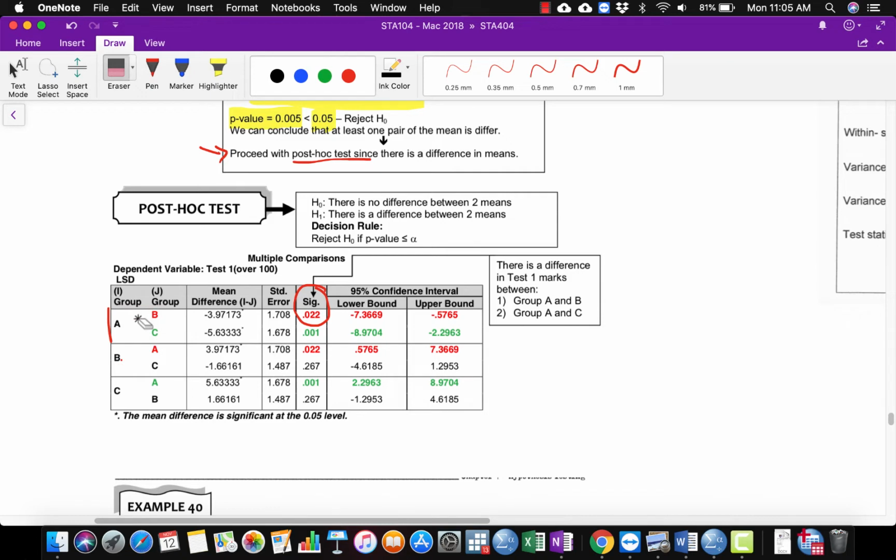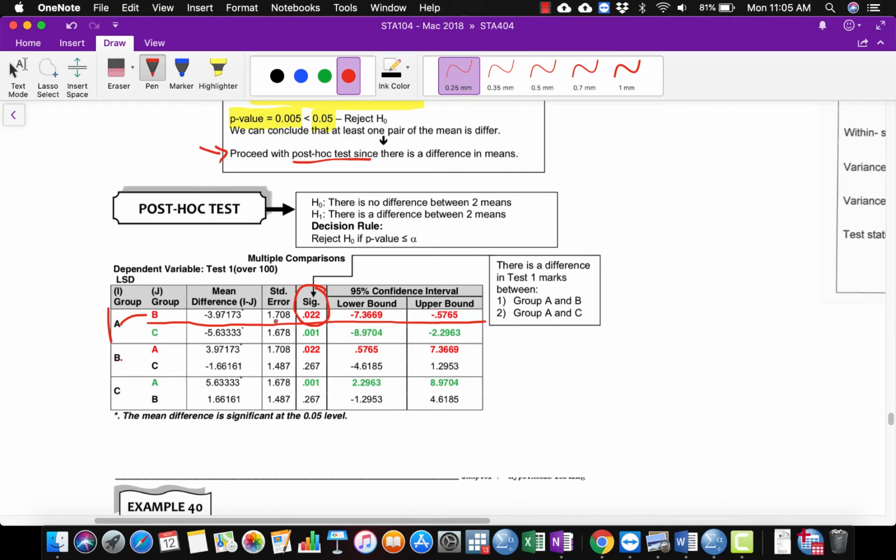By looking at the first one, A and B, we look at it this way. Need to put some lines so you can see clearly, right? The mean difference between group A and group B is negative 3.97, right?